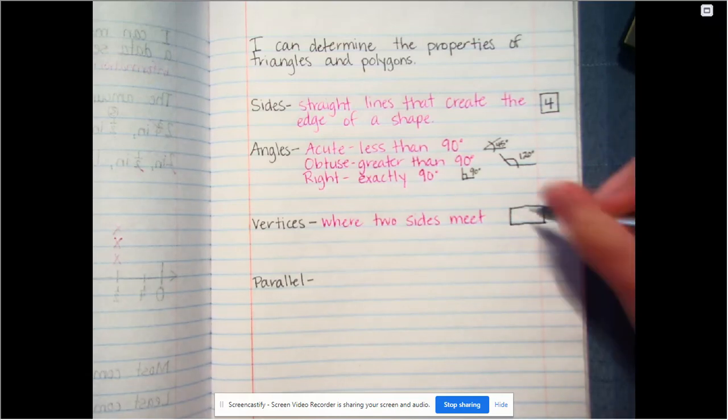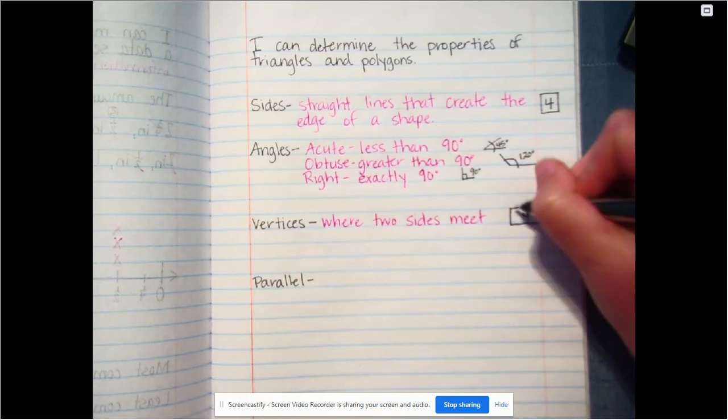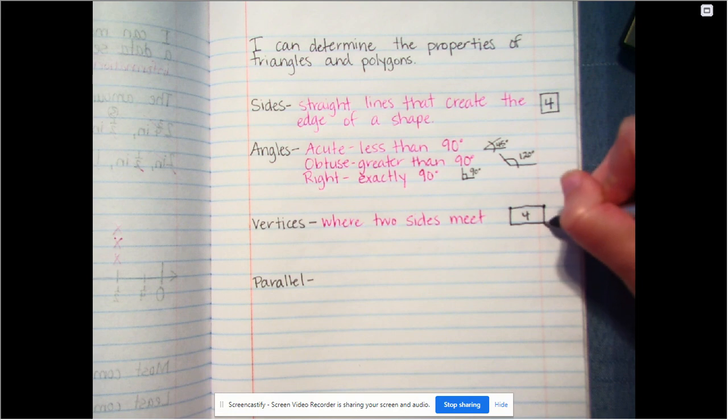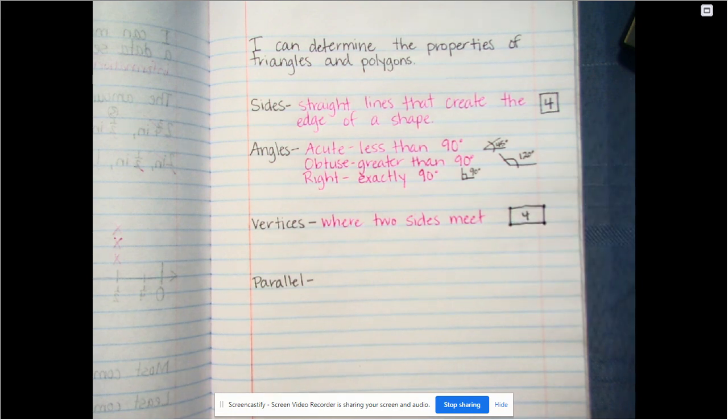So this shape has 4 vertices because we have one point right there where the sides meet, another point where the sides meet, 3, 4. So it's right where the exact spot where the sides meet is called a vertex if there's one, and vertices if there's more than one.